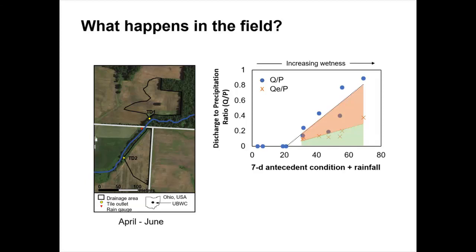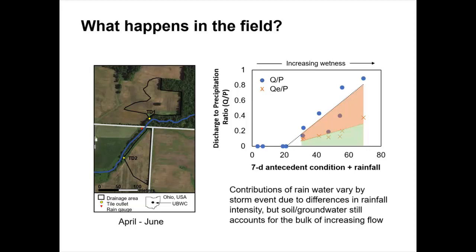So unlike the lab studies where it would have been a flat line, we do see some increase in the amount of rainfall in tile flow as conditions got wetter in the field. But it's largely driven by rainfall intensity, not necessarily rainfall or antecedent wetness.